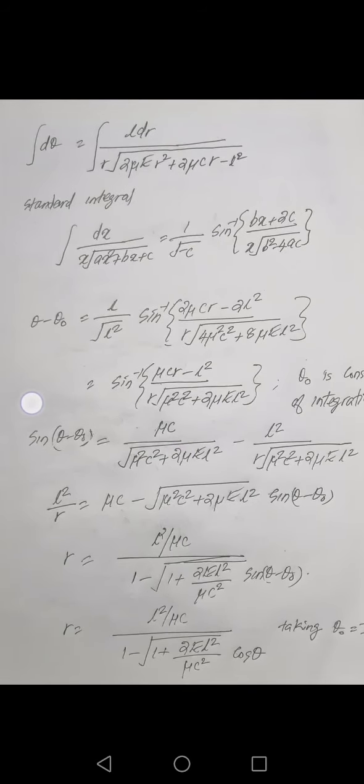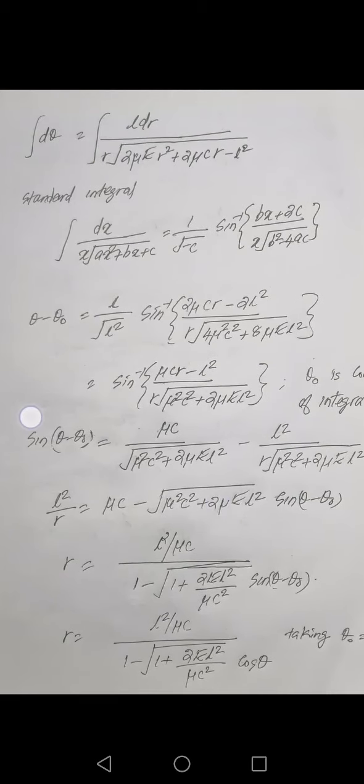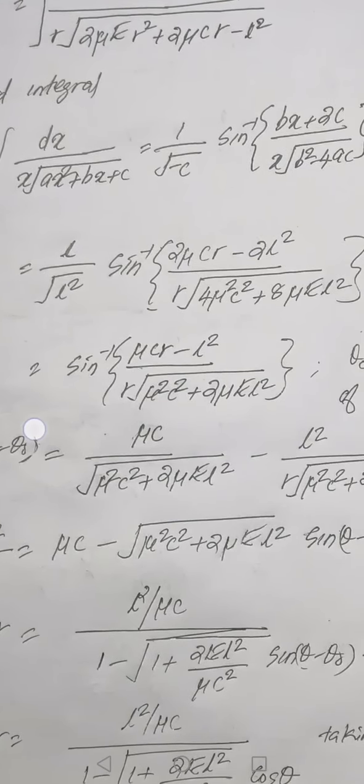So on substituting, you are getting L by square root of L square, sine inverse of 2 mu C r minus 2 L square over r, and simplifying, L by square root of L square is 1, sine inverse, and I am taking 2 from here and here, and 2 from the square root I am taking 4. So on simplifying, what I am getting is sine inverse of mu C r minus L square by r root of mu square C square plus 2 mu E L square.